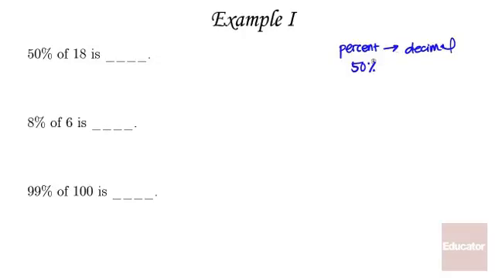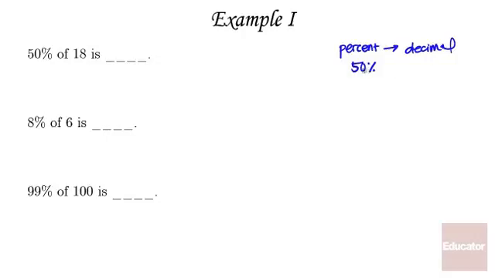From percent to decimal, you start at the end right here, and you have to move 2 spaces to the left because remember, decimals are small numbers. So you want to turn this number into a smaller number. And to do that, you have to move the decimal point over to the left. If you move it to the right, then the number gets bigger, right? So move it to the left, that's going to make it smaller.